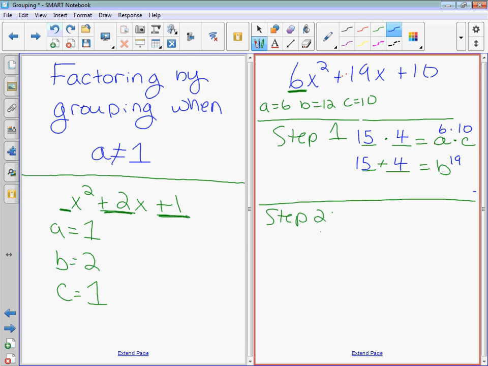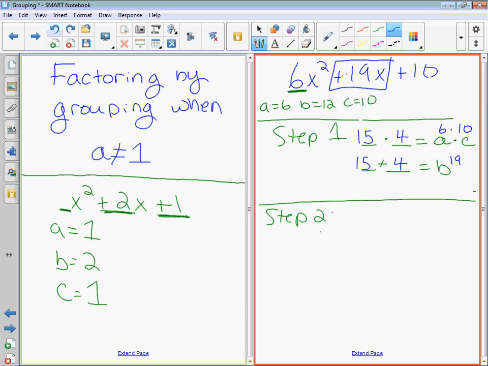So that's step 1. Step 2, basically what you're doing here is you are breaking apart this 19. You would have had to add two like terms to get 19, because you had to add two like terms every time we multiplied out. So you're backing it up. We're taking it back.